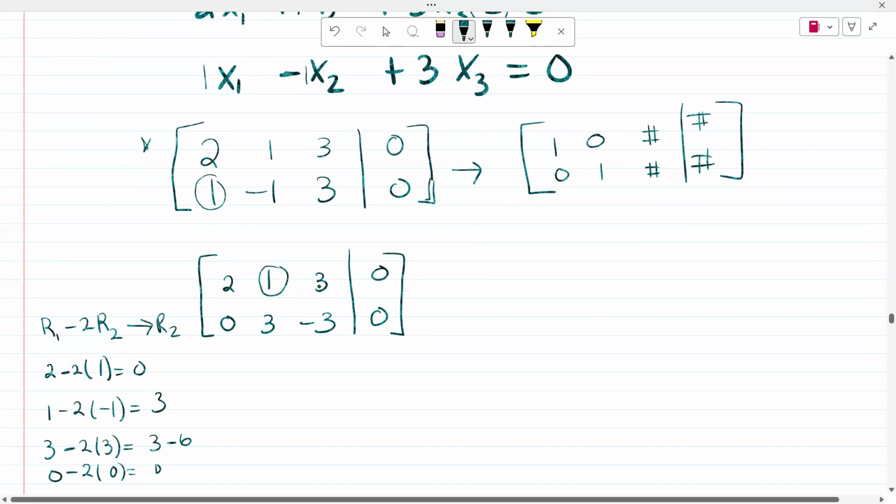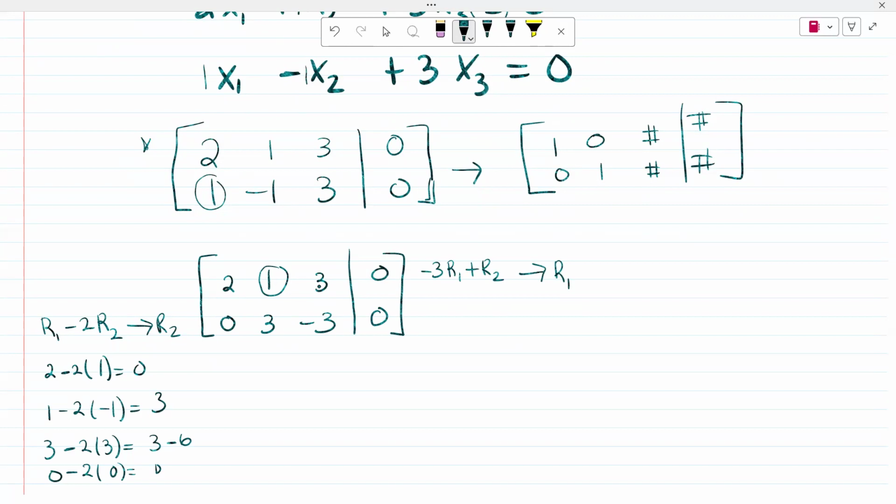So to make that 1 a 0, you're going to do a row operation. To do so, you would have to multiply -3 times row 1 plus row 2, right? Because you can see the LCD between 1 and 3. The LCD is 3. You just have to make one positive 3 and -3.